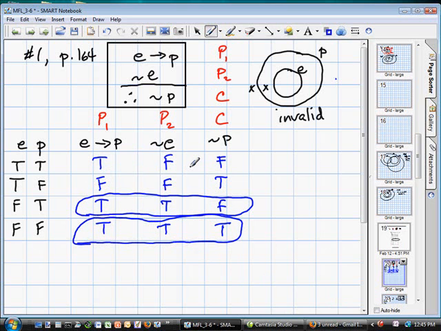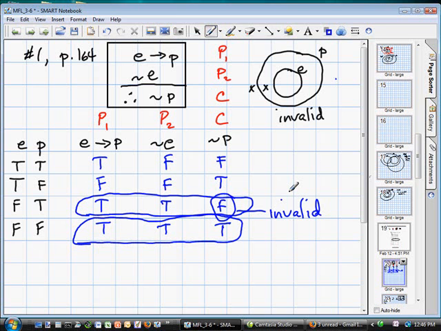Okay, now look at your circled rows, and tell me, are there any false conclusions? Yep, right there. That tells me it's an invalid argument. So let me just say again, for an argument to be valid, all circled rows must have a true conclusion.